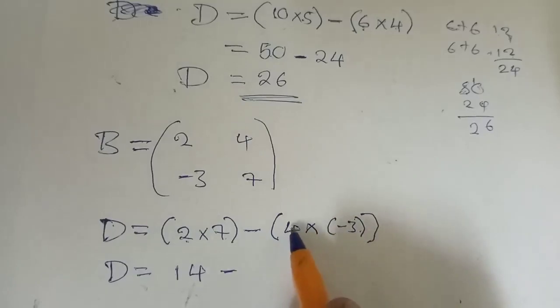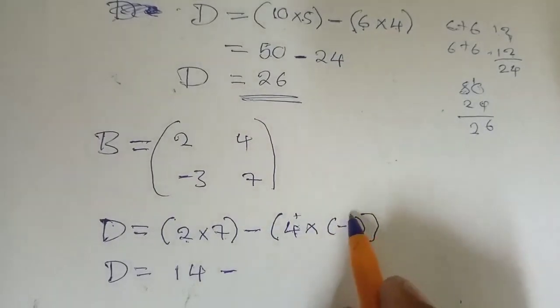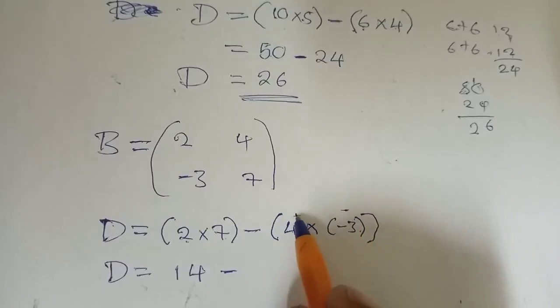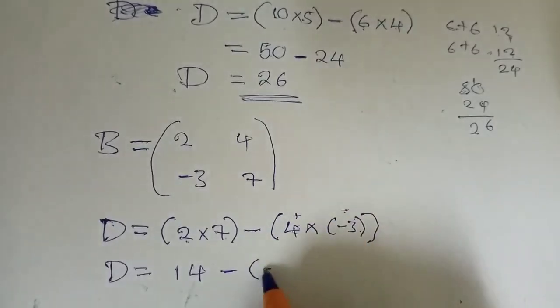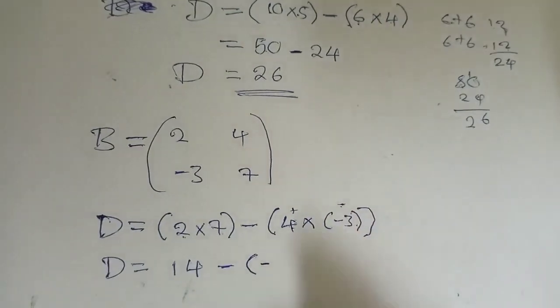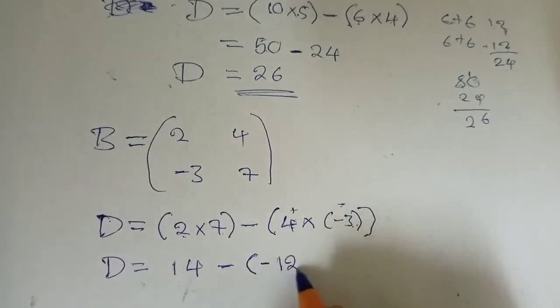When you multiply positive times negative, different signs will give you negative. Make sure that you open the bracket as you are putting the negative. So 4 times 3 is actually 12.